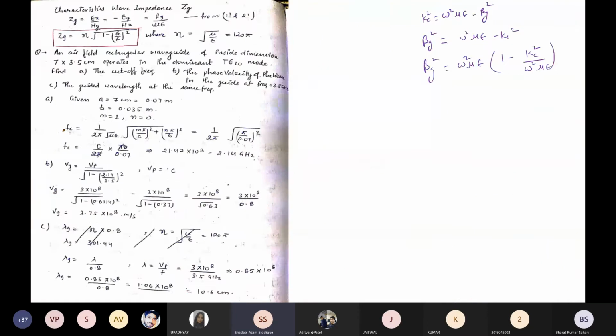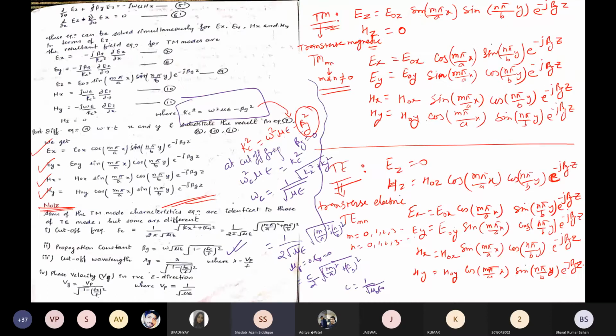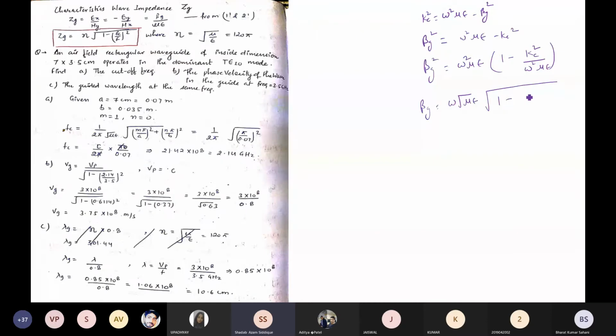So beta g can be written as omega root under mu epsilon, and 1 minus kc square. Kc square is equal to omega c square mu epsilon, divided by omega square mu epsilon. The mu epsilon gets cancelled.